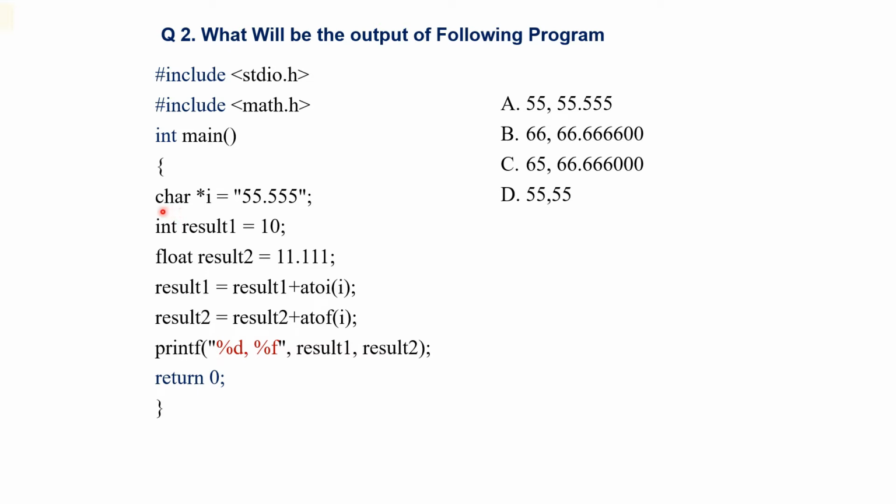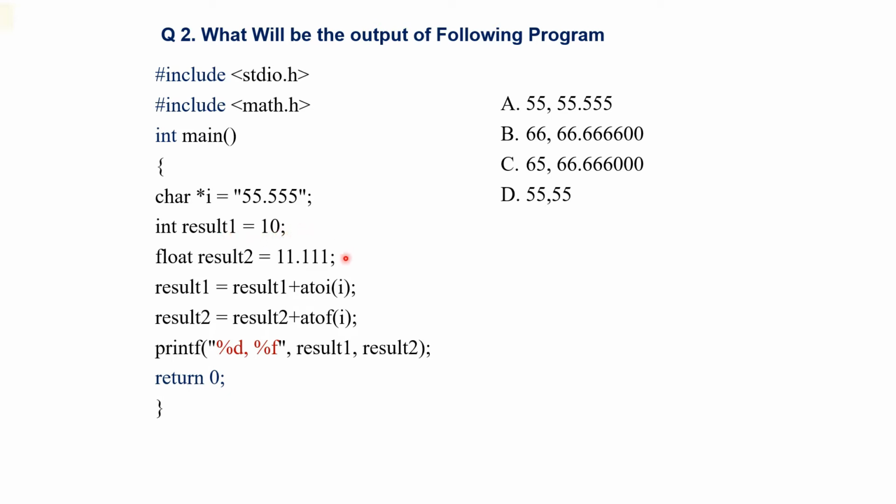In this program, firstly a character pointer is declared and initialized with the string constant 55.555. The next statement declares an integer variable result1 and initializes it with the value 10.